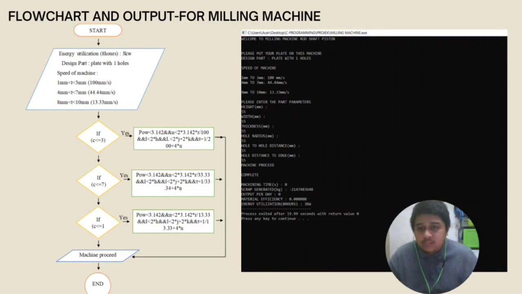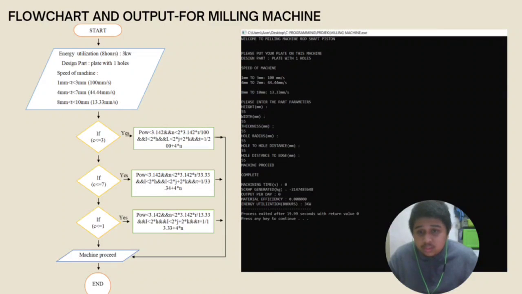This is the first decision, which is if C is less than or equal to 3. We have two ways: if yes, then we get the power POW, which is less than 3.142 times 1/200 plus 4 times n.